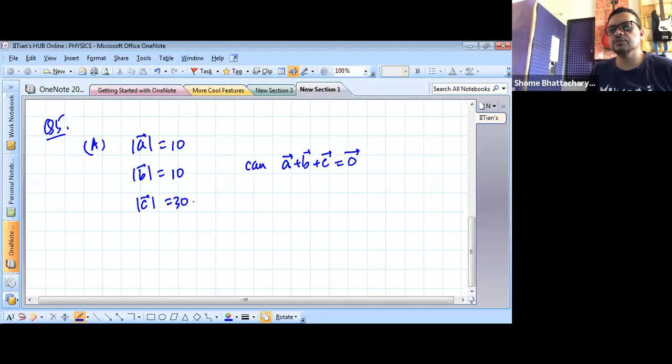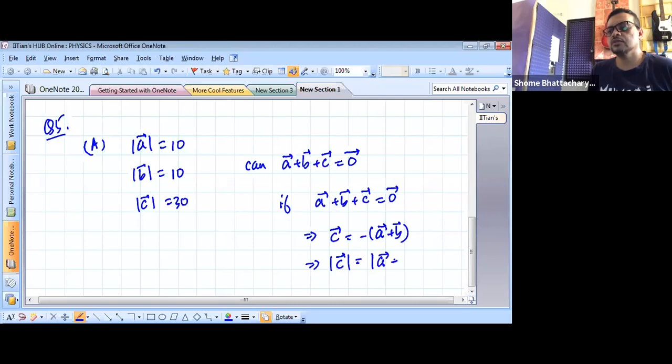The answer to that is no, because if A plus B plus C were to be 0, then C would be minus of A plus B. So that means magnitude of C would be equal to magnitude of the resultant of A and B. So that means that the magnitude of this should be less than equal to this.